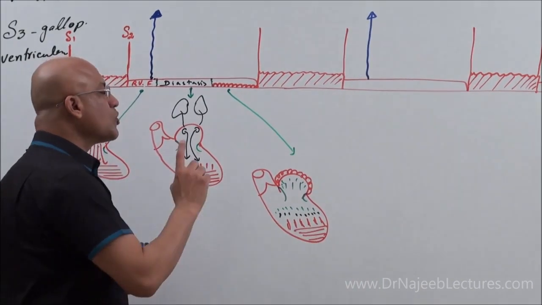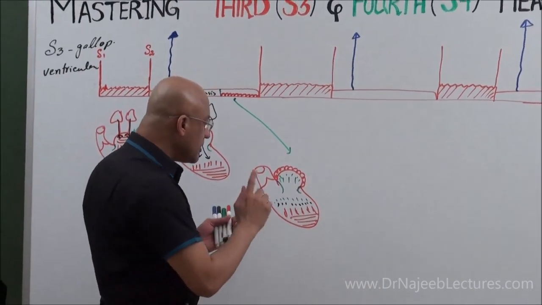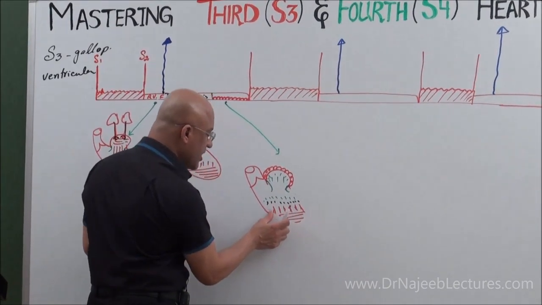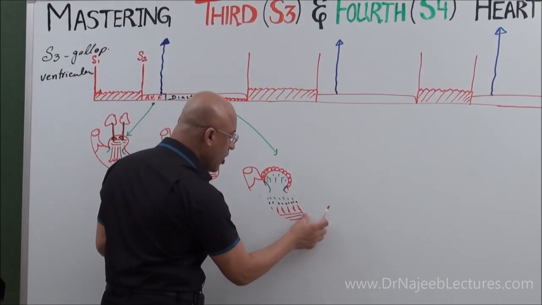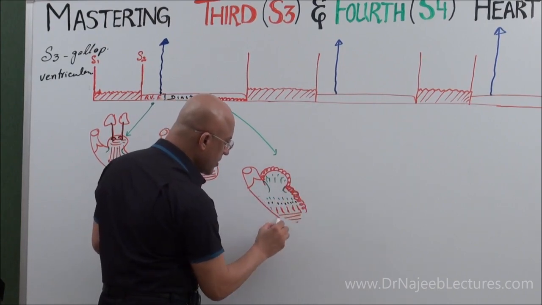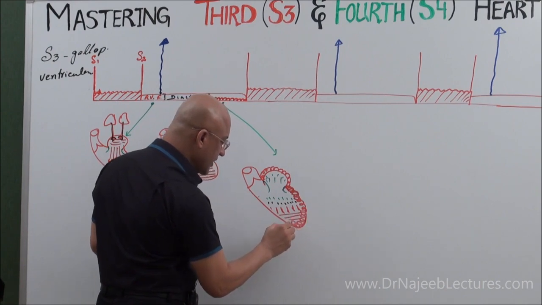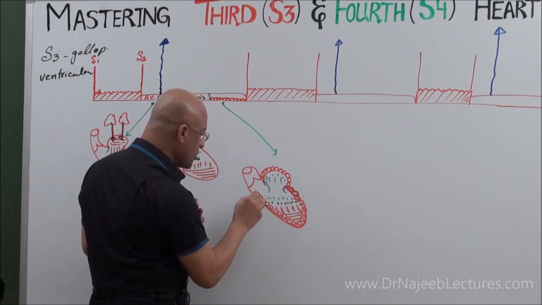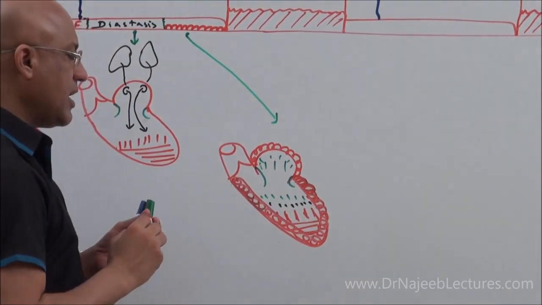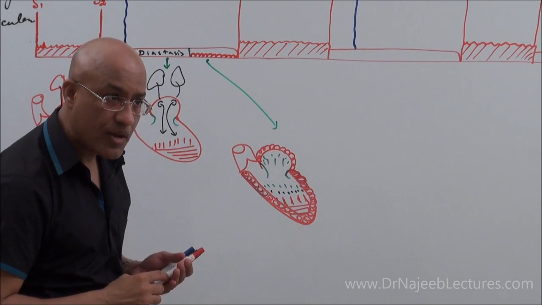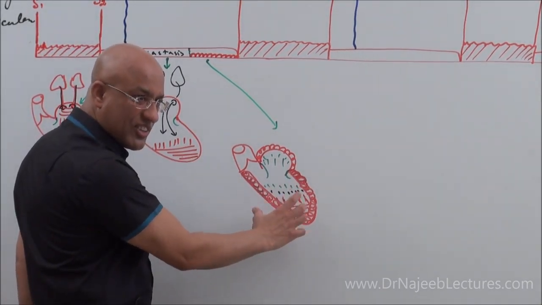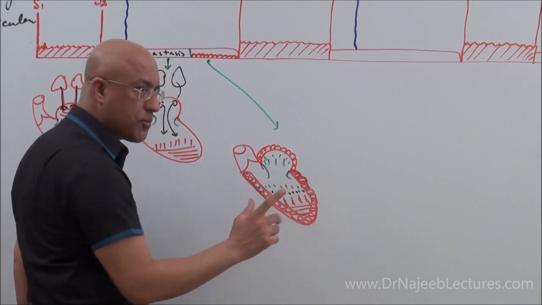But now listen carefully, if for some reason the left ventricle or right ventricle is hypertrophied or stiffened, hardened. Usually it is seen in patients with left ventricular hypertrophy. In left ventricular hypertrophy, the ventricle is hardened, stiffened. It does not expand properly.